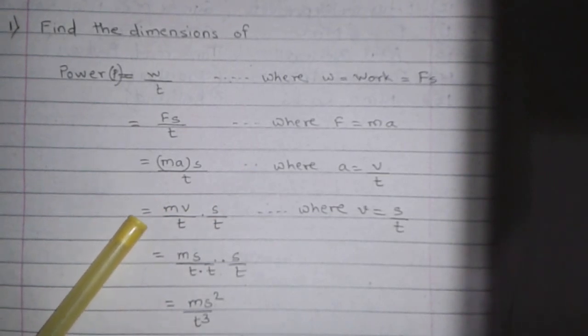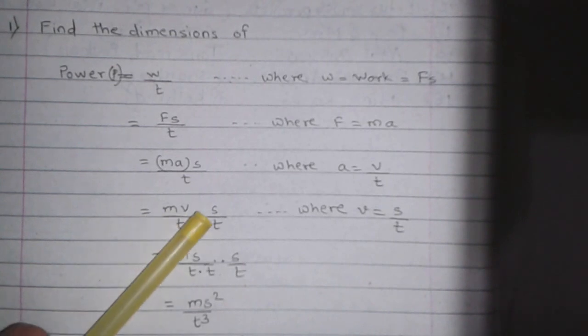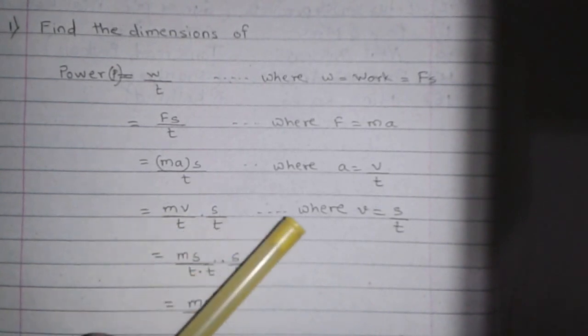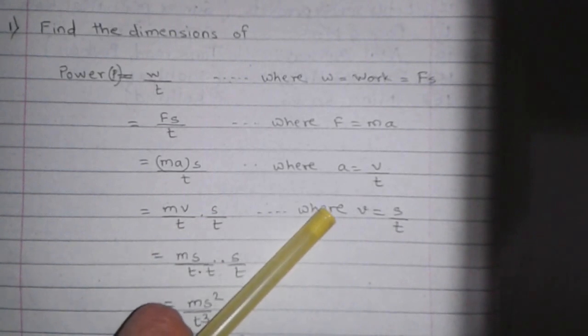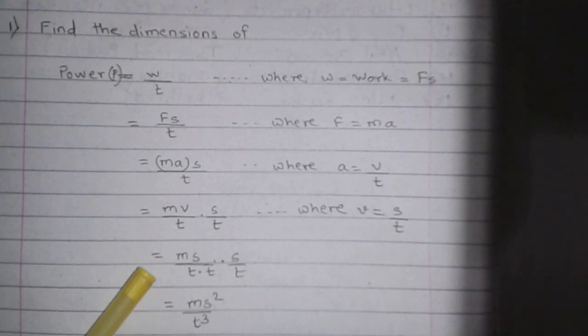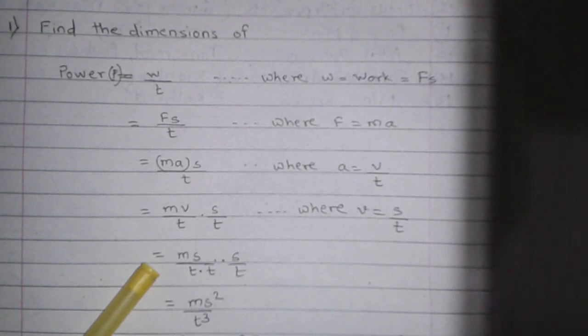Therefore, the equation becomes m v by t into s by t, where v is velocity, that is displacement per unit time. So it can be written as m into s divided by t into t multiplied by displacement upon time.